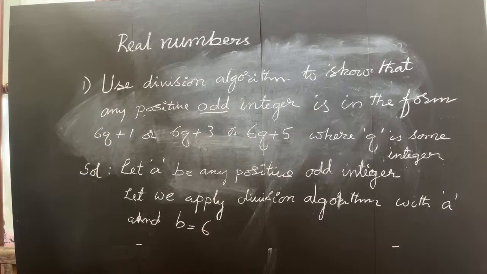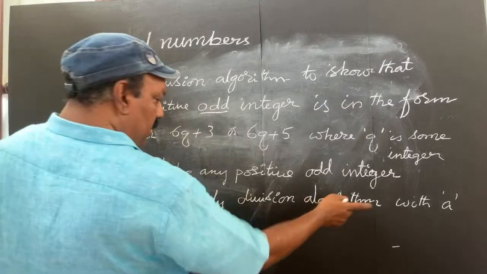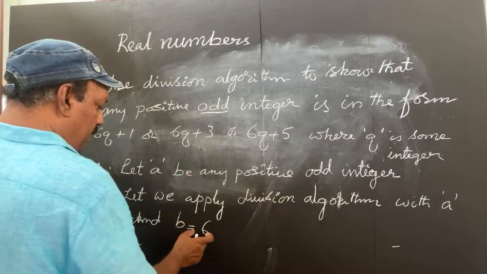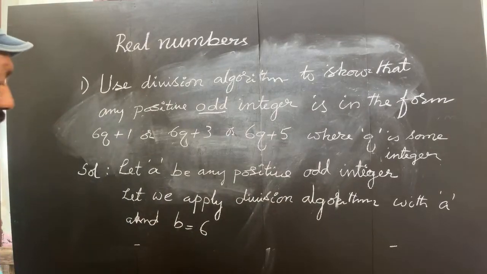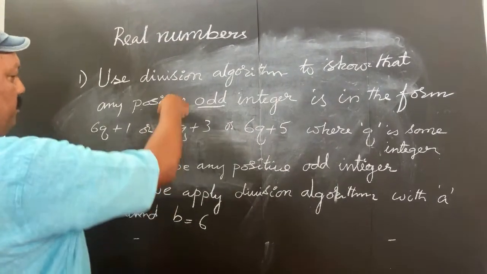You might get confused. Let me apply the division algorithm formula where a and b, but b is equal to 6 here. How has b equal to 6 come? I will explain in the next step.